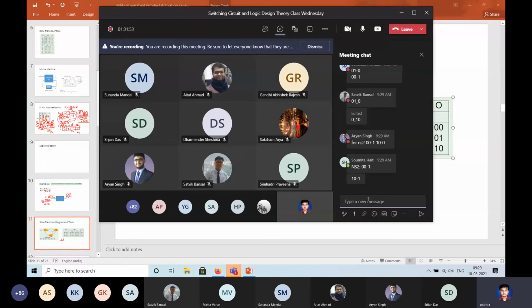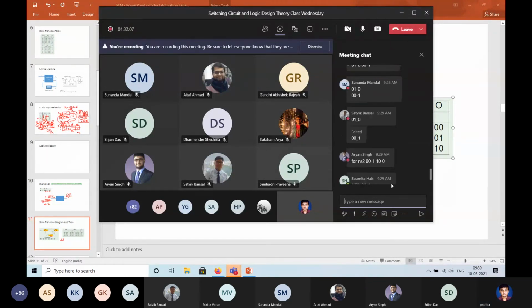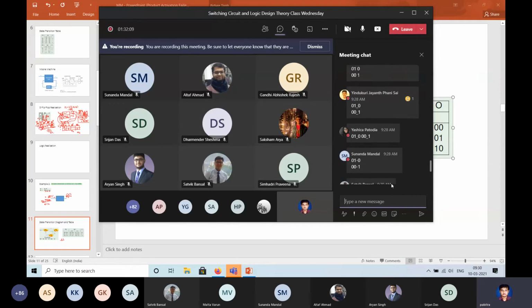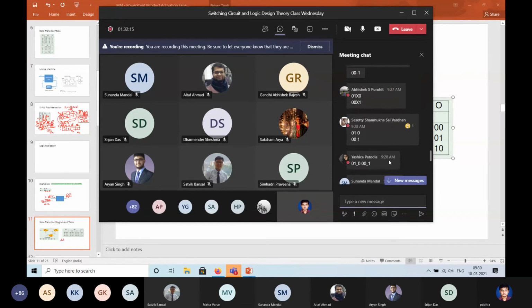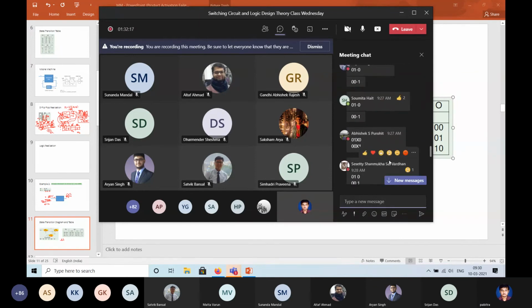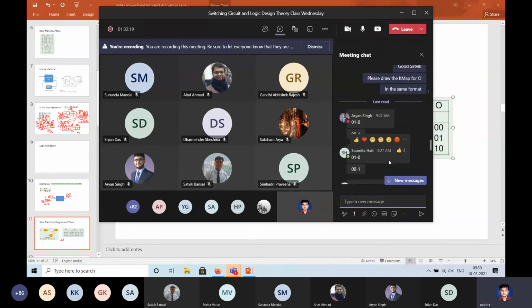Yeah, correct. So NS2 is 0, 0, don't care, 1, and 1, 0, don't care, 1. Correct. Satvik also correct. Very good. Yasika, you have written. Yeah, excellent. Good. Rian, nice.